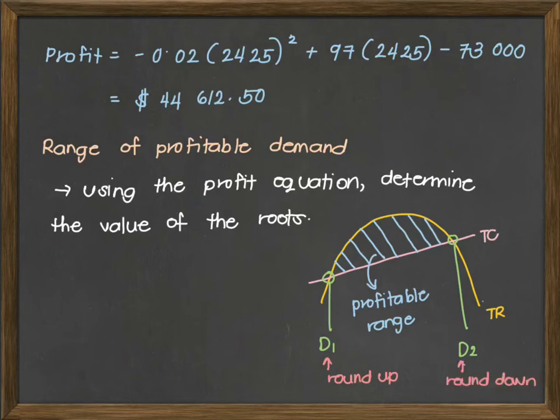And then the second value, on the other side of the range, is rounded down, because any value outside of our profitable range will give us losses. So for D1, if we retain the actual value, that is the break-even point. But if we drop the decimal, for example, if there is a decimal value, it becomes a loss. The same goes for D2. If we raise the value, if we go over by even one decimal place, our profit will be negative.